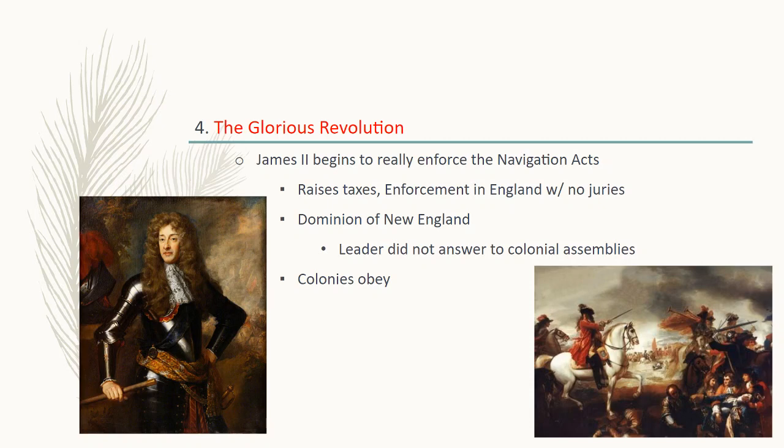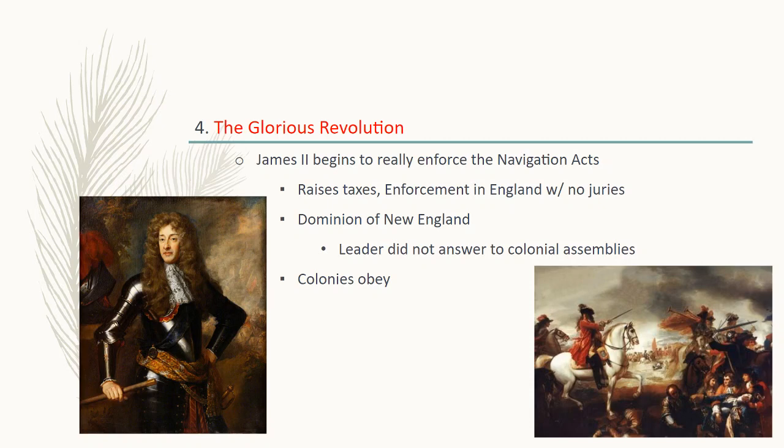Yeah, absolutely. And so James II is seen very much, especially in New England and in other parts of the colonies, as a tyrant, as an absolute monarch who is definitely overreaching. And his ambassador over here, the governor of this dominion, Lord Edmund Andros, is going to do a lot of things to really make the situation even worse.